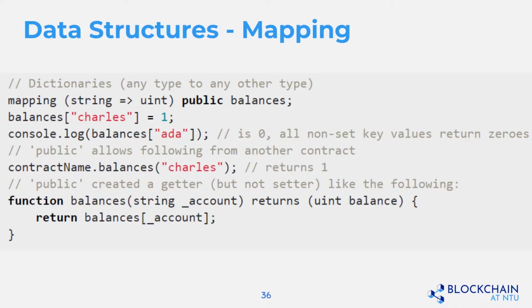Is that a question, or did you want a bulk mapping system? Is it just a for loop? From what I know, it's just a for loop. But you can also write a contract that will do this. Okay. Any other questions?